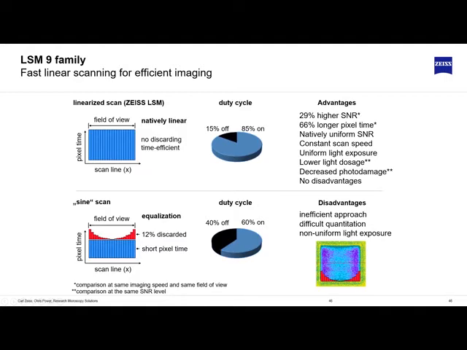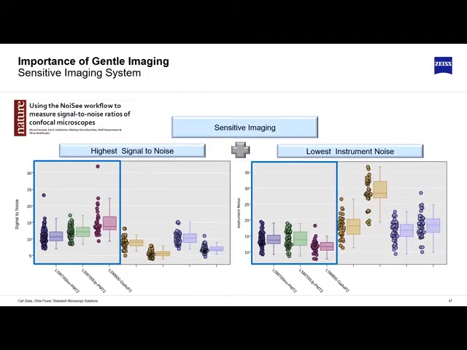Now, I could go on and talk for another half an hour about the beam path, but the punchline, I guess, of all of this is that the LSM9 series is based on an architecture which is the most sensitive beam path available.